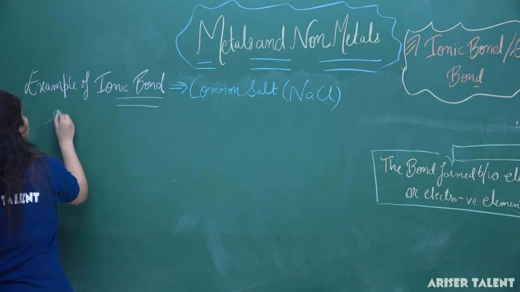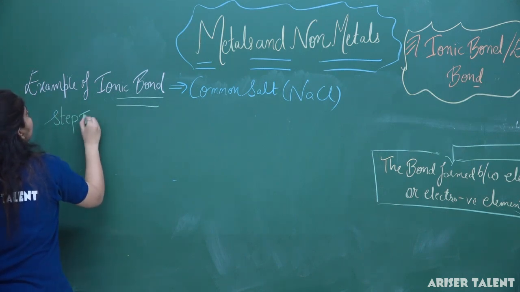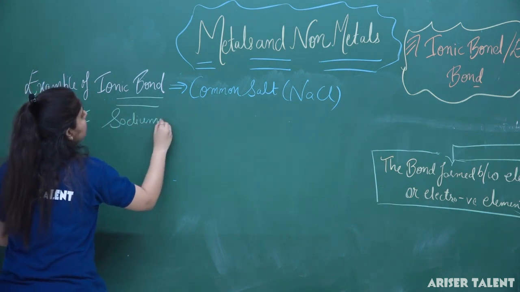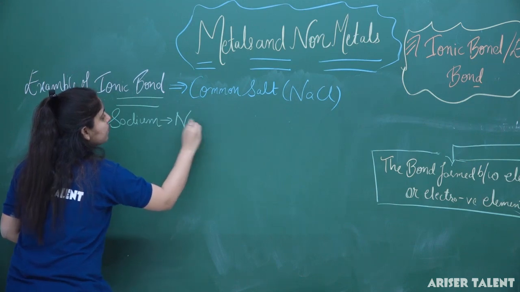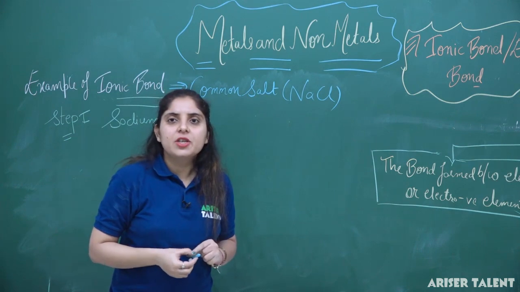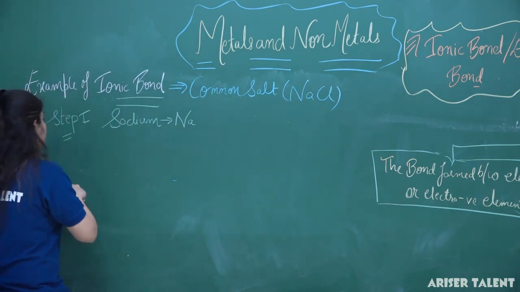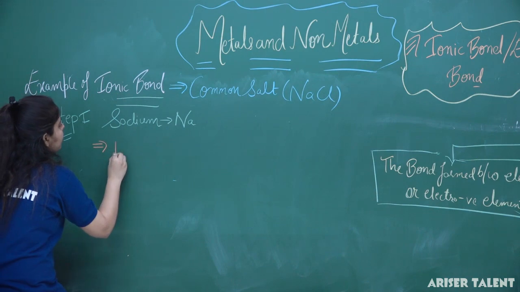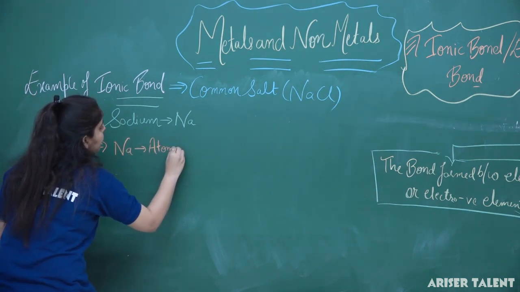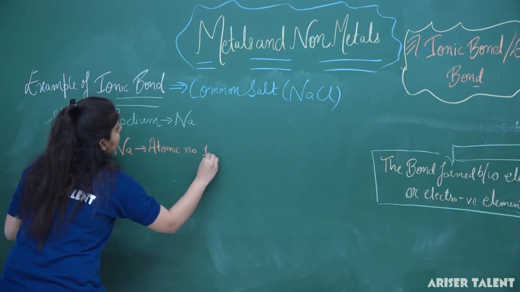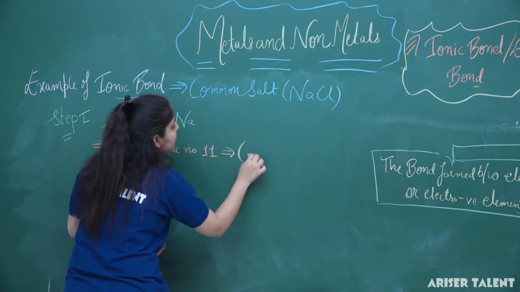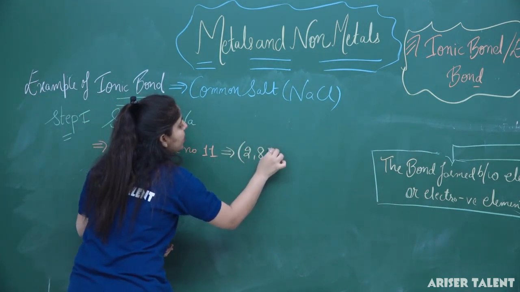In step number 1, we are discussing sodium. Sodium has the symbol Na, atomic number 11, and its electronic configuration is 2,8,1.